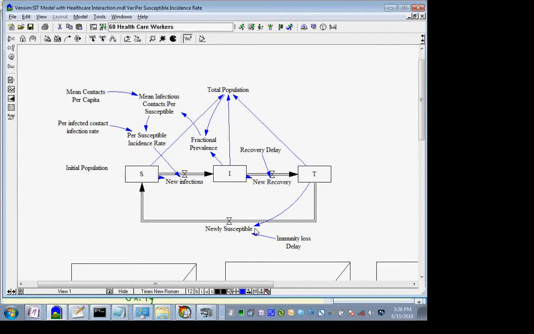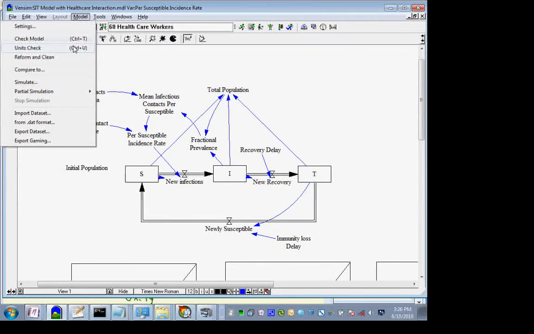We can look at a more sophisticated model another time, but that's an example of labeling the units. Now, how would I do a unit check? I don't have time to go through it now, and I haven't labeled all of them here. But you go to model unit check, and if your model is okay, what will it say, David? Units A-okay. That's right.